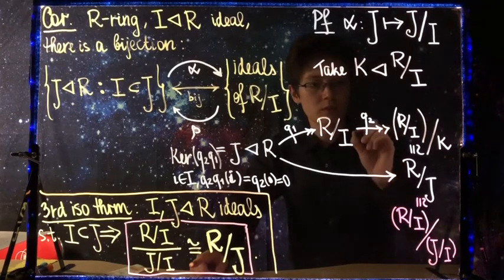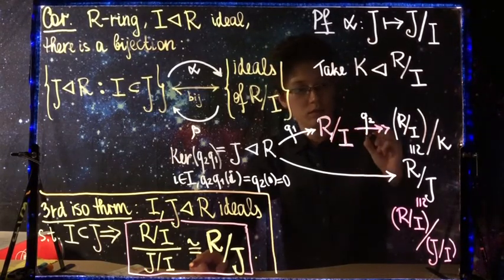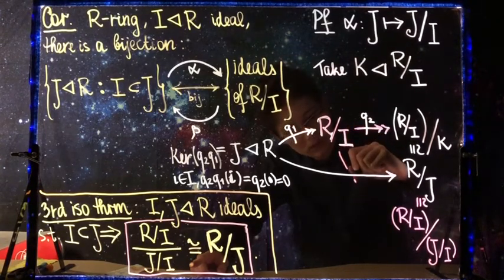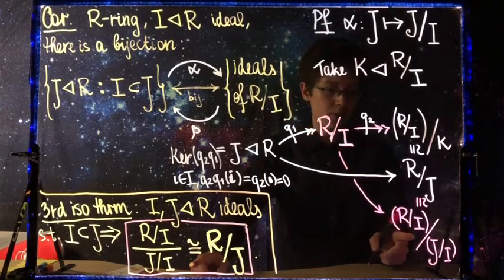So this map we can view as a map from R mod I to this quotient ring.